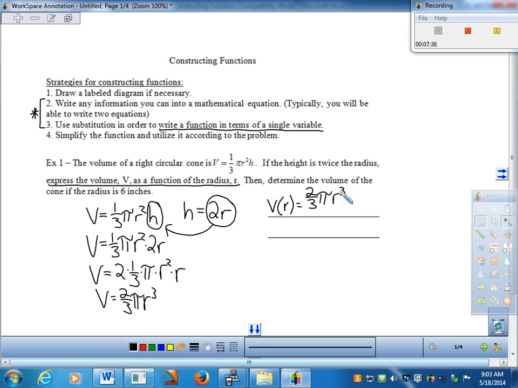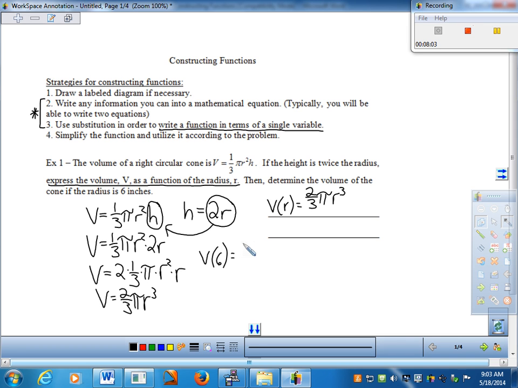And as you can see, if you read the problem, there is just a secondary piece. So it says, then determine the volume of the cone if the radius is 6 inches. So we're given an input. Radius is 6 inches. And we're just going to come up with the output. Good function notation here, everybody. So I'd encourage you to do it exactly like this. We're looking for a radius of 6, so V of 6.